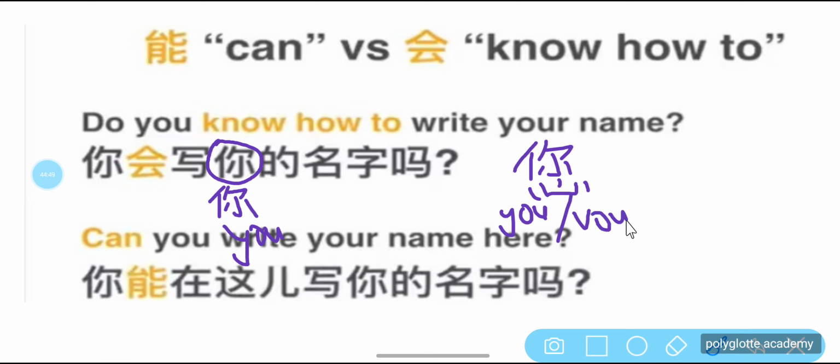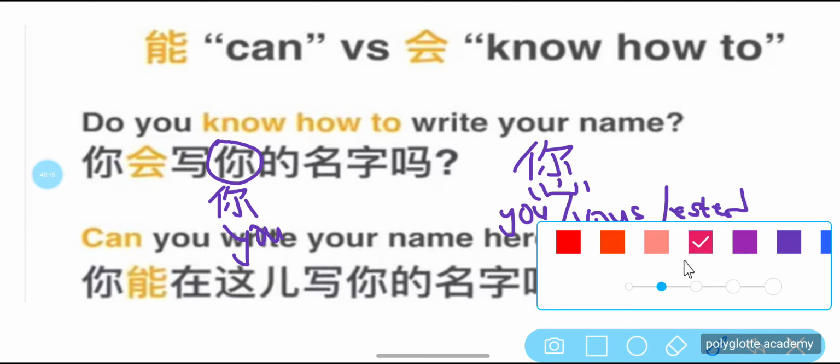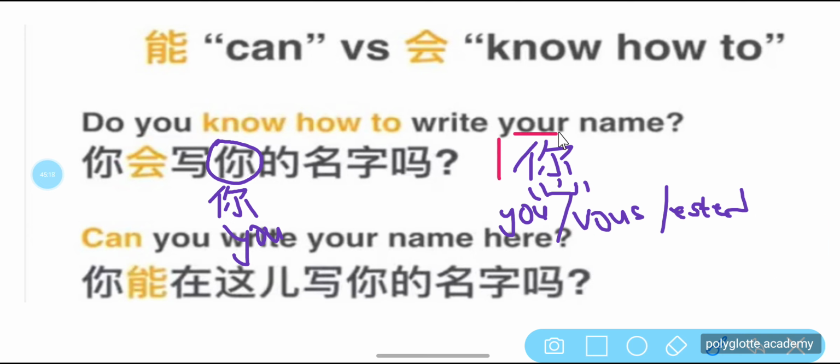You respect, vous in French, and usted. I just wanted to explain this because we have not been seeing this character in our sentences, but the character is frequently used.